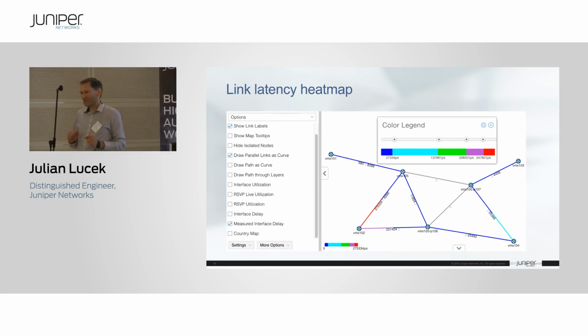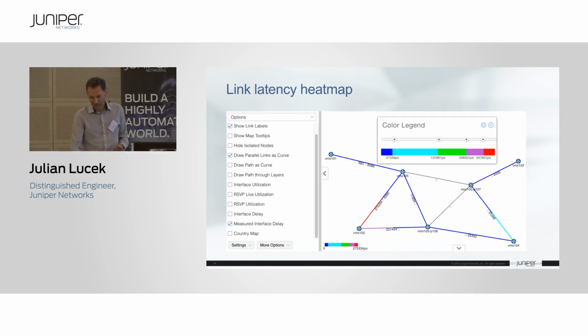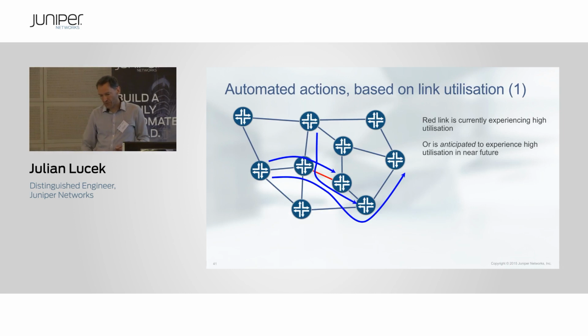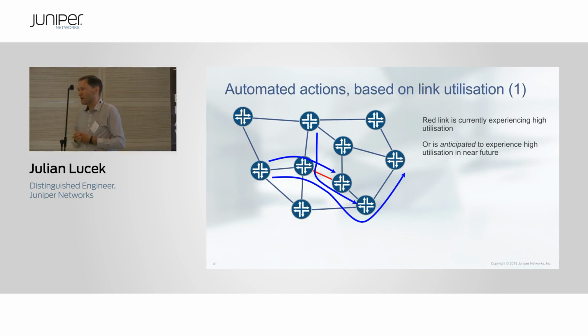But where it becomes even more useful is having automated actions in accordance with the info that you're receiving. This is a step towards the self-driving network paradigm. Here's one example. Based on link utilization, you can say to NorthStar, suppose a link anywhere in the network is more than 80% loaded.